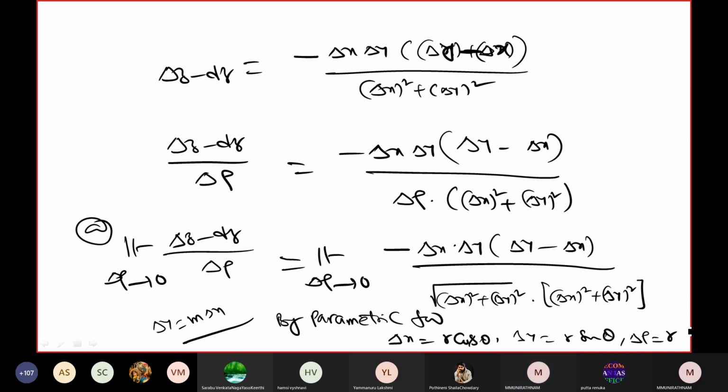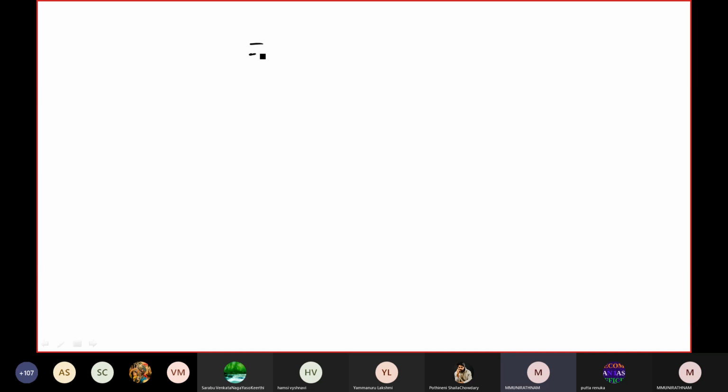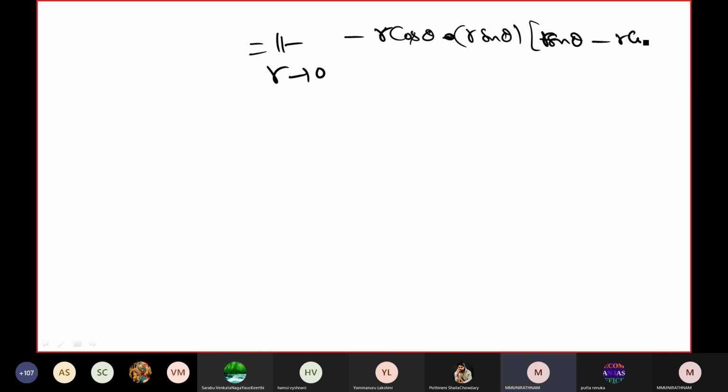So this will be limit r tends to 0 of minus r cos theta into r sin theta into r sin theta minus r cos theta, by r into r square.